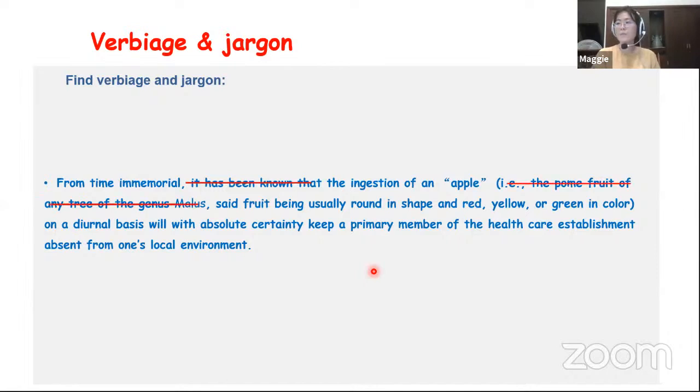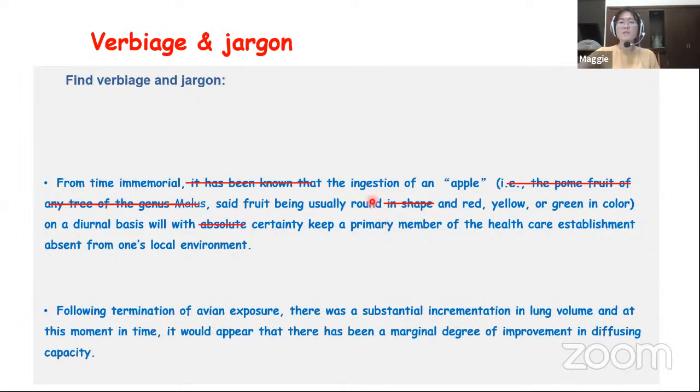And "the plum fruit of any tree of genus Malus", you don't need that. And then "round in shape." And then "certainty" and "absolute" repeat meaning. So this is the first one.